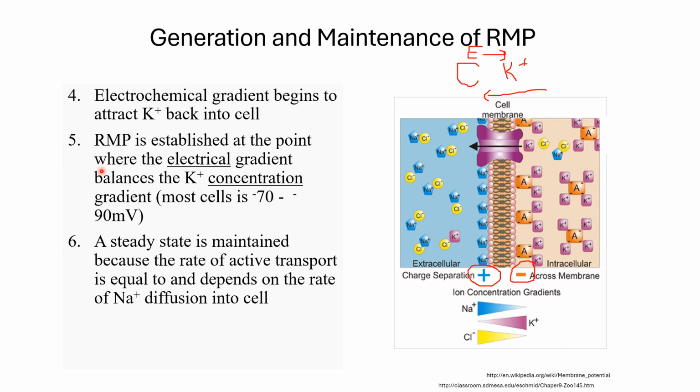It's not a stop, but it just means potassium's electrical gradient has about equalized its chemical gradient. Most of the cells, this is somewhere around -70 to -90. Sorry, see that negative right there? It's -70 to -90 millivolts. That's a typical resting membrane potential.